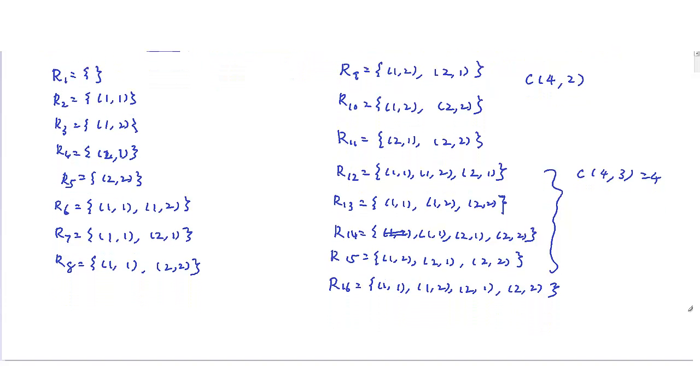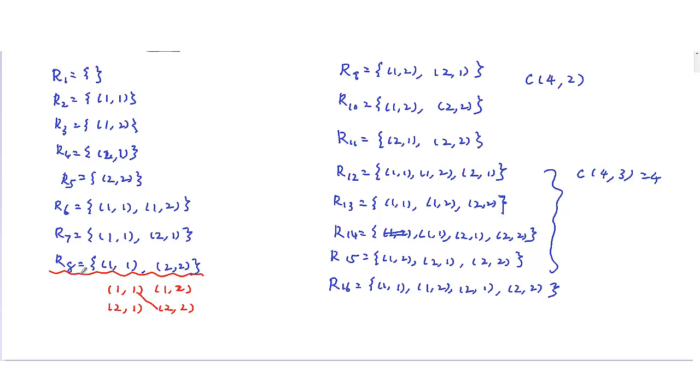Among these 16 relations, one is kind of special, and that is R8. If you put the elements in this format, (1, 1), (1, 2), and then (2, 1), (2, 2), then these 2 points are in the diagonal of this arrangement.